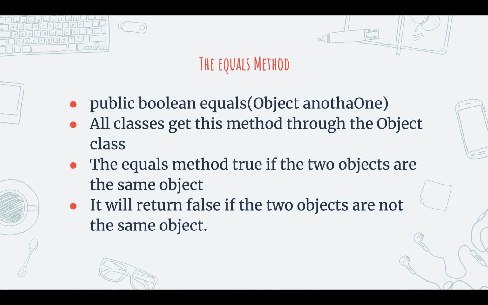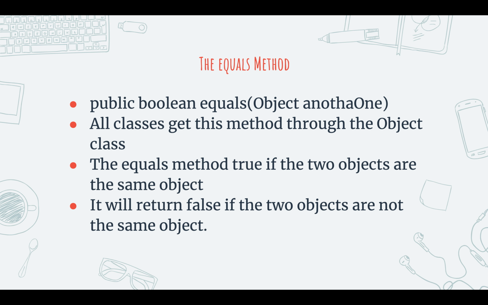When we use the object class's equals method, what happens? The equals method will compare the two objects to see whether they're the same object, meaning it will compare the memory location where each of those objects resides. If the computer determines that both objects are in the same memory location, it will assume that they are the same object.